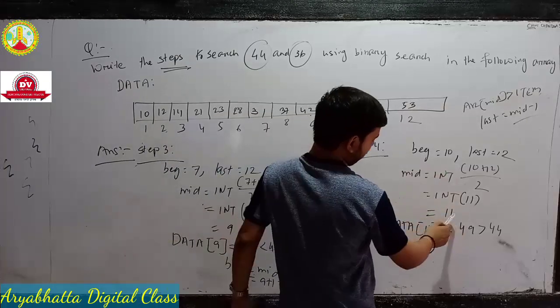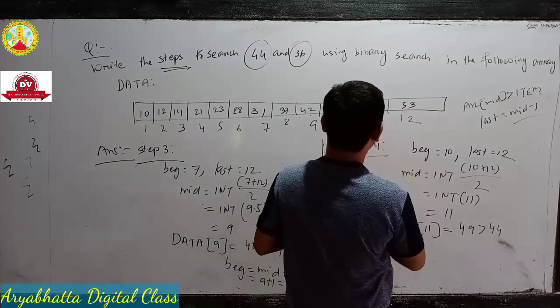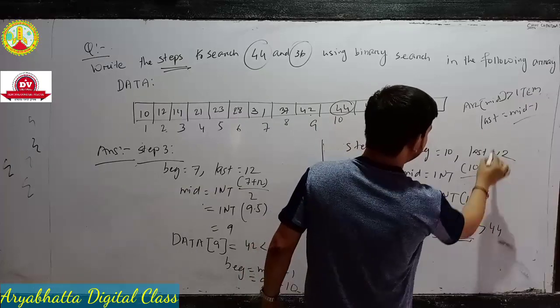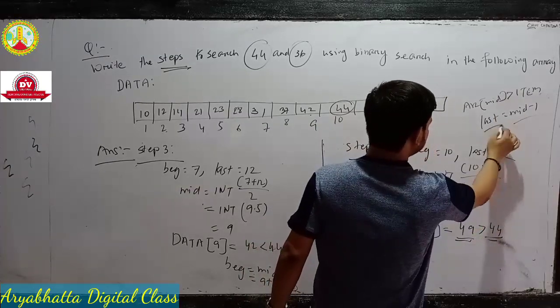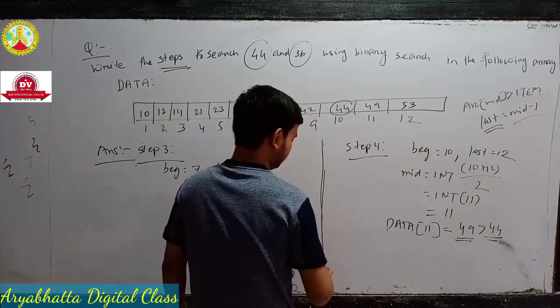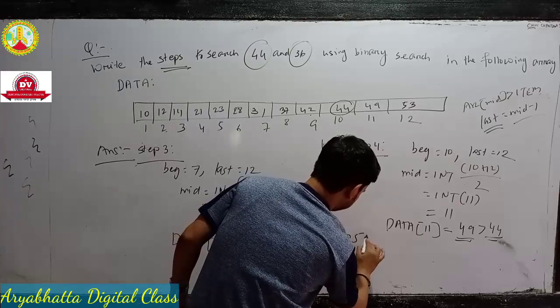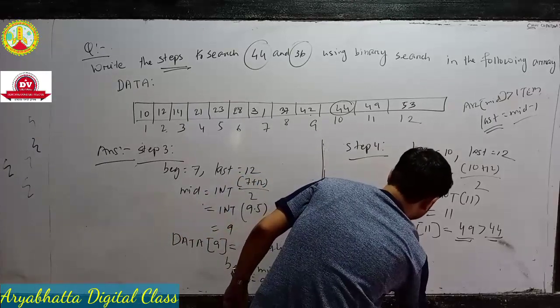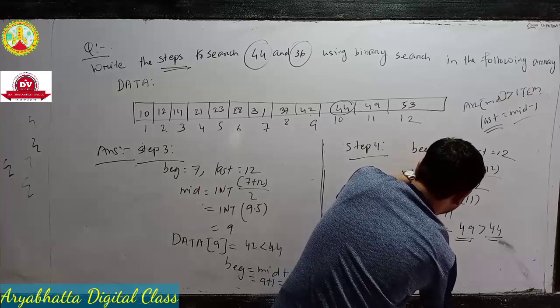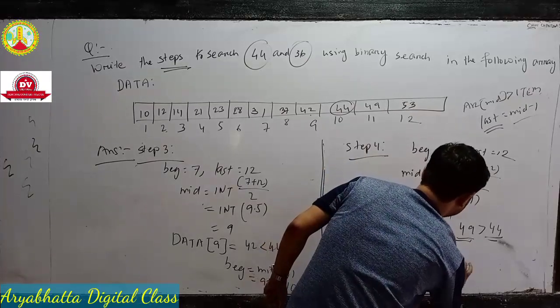After that your mid will be 11, and array mid greater than item means last will be mid minus 1. Step 5, beginning will be the same new beginning, 10, and last will be what?